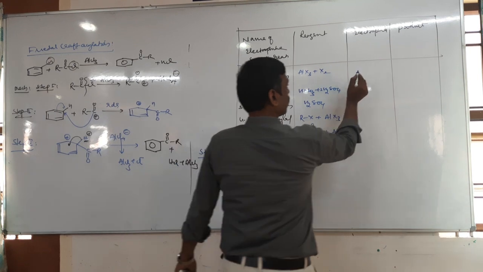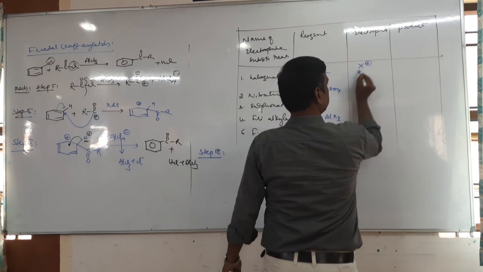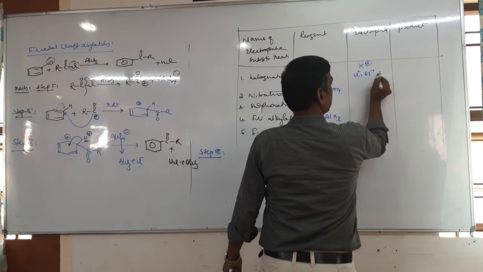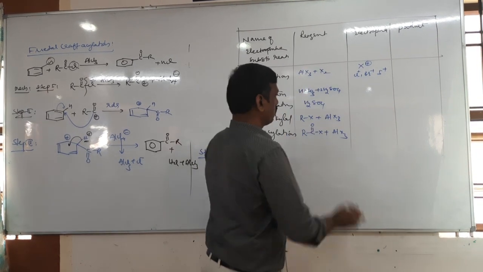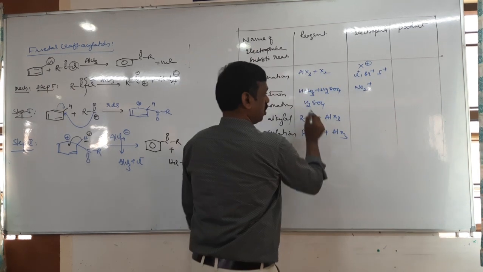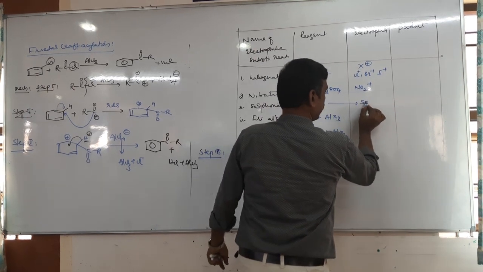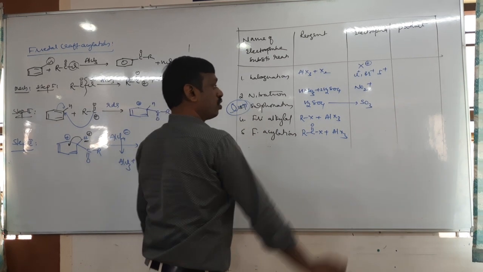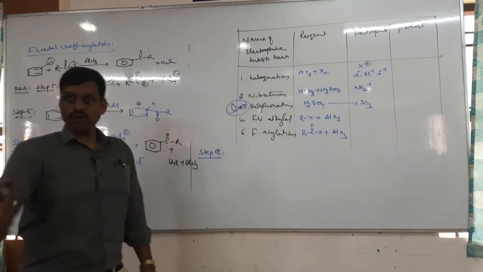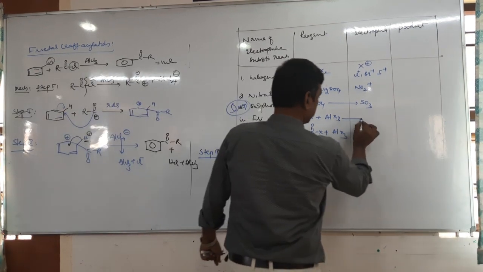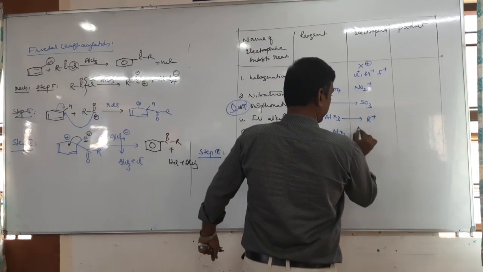Electrophiles: here is X plus, Cl plus, Br plus, I plus. Here is NO2 plus. Here very important is SO3. This is the only neutral electrophile. Next is carbocation.